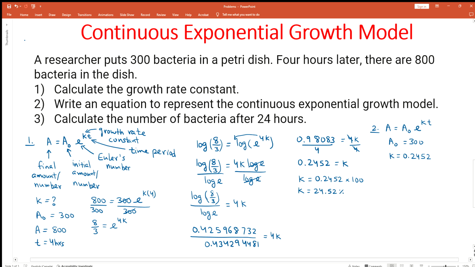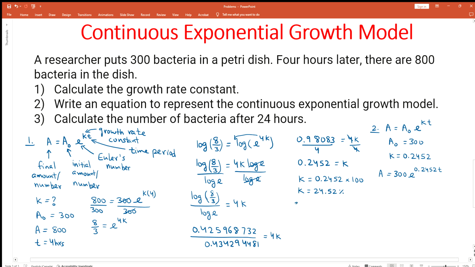This is an important concept we need to understand and memorize. So the equation is A equals 300 times e to the power 0.2452 t. This should be the final answer for part 2.